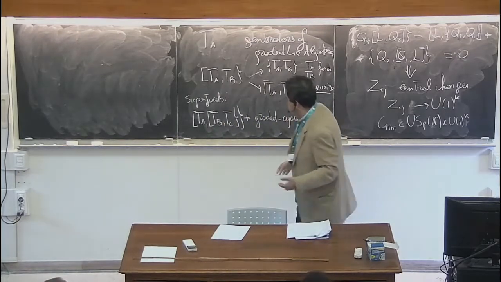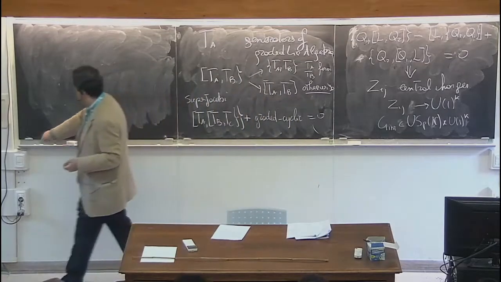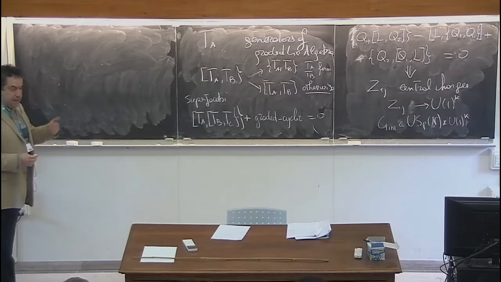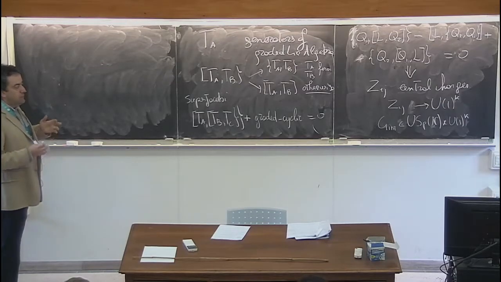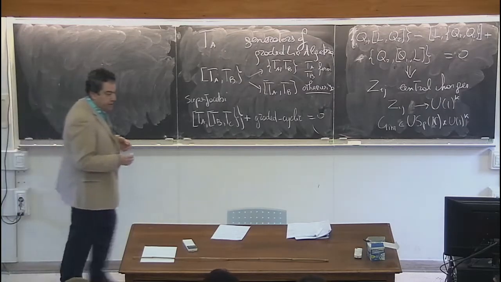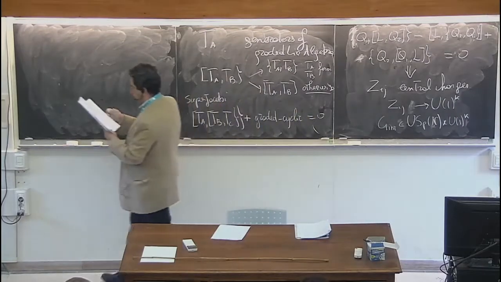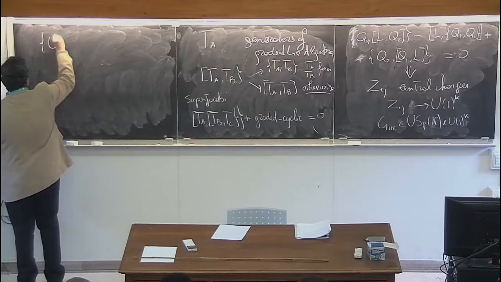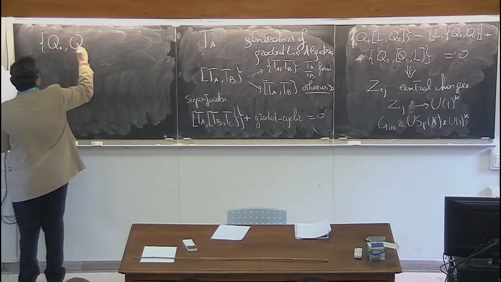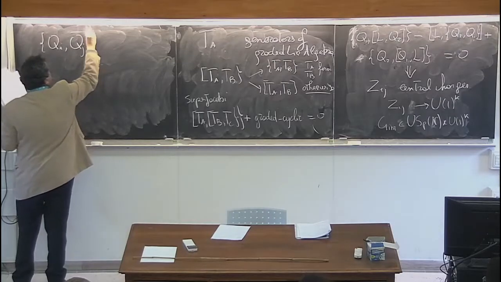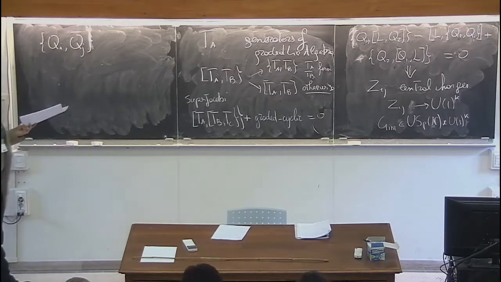We can use a four-spinor notation for writing the anti-commutation relation between two supersymmetry generators. If we write the anti-commutation relations, we can write them like this, where now these are four-spinors.